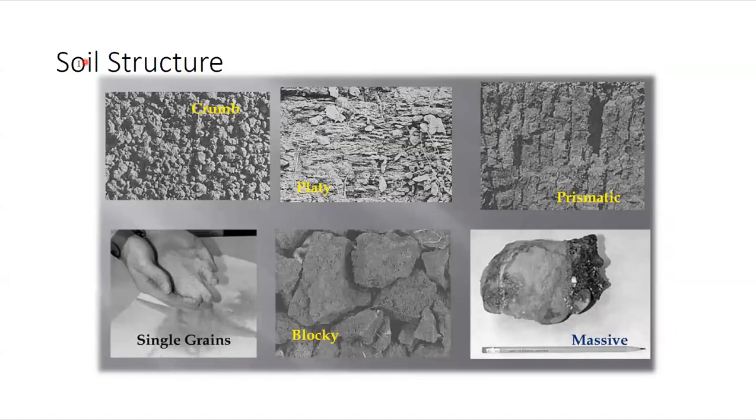So when we're talking about soil structure, okay, there's a lot of different types of soil structure. We see some examples: crumbly soil structure, platy soil structure, prismatic soil structures, single grain soil structures, blocky and massive. Typically, we're finding blocky and massive soil structures a little bit deeper in the soil profile.